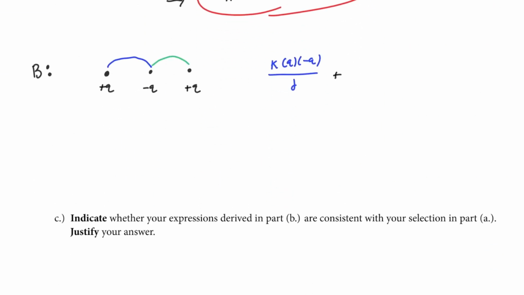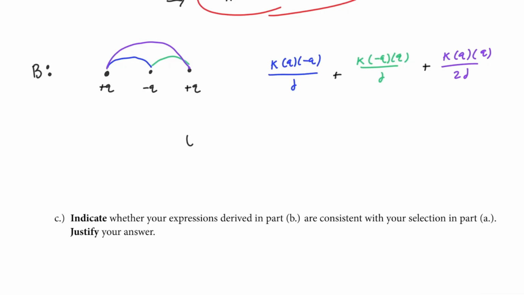Our green contribution would be K times minus Q times Q divided by D again. And then for our purple contribution, we have to do the ends. So that would be a K, a Q, and 2 Ds of separation.